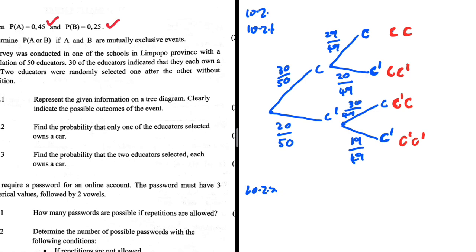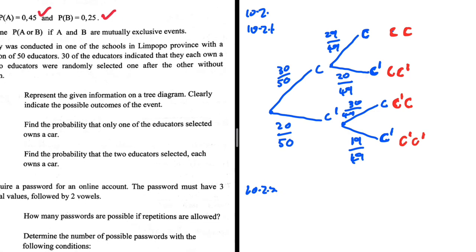10.2.2, find the probability that only one of the educators selected owns a car. Only one. We're interested in this outcome because in this outcome, only one teacher owns a car. We're also interested in this outcome because only one teacher owns a car in that outcome.